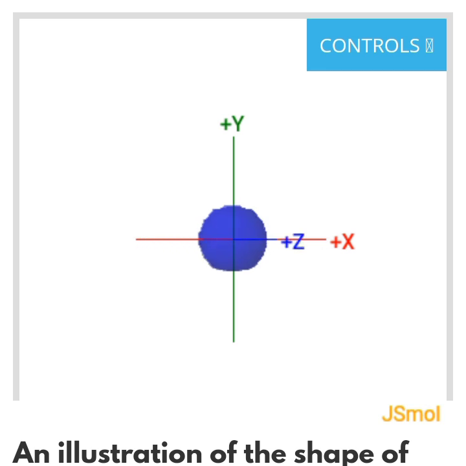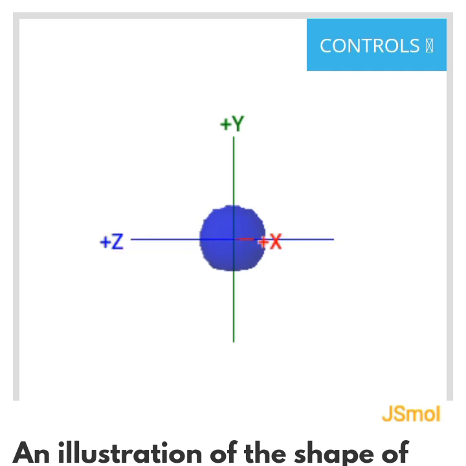So there are different types of orbitals, such as s orbital, p orbital, f orbital and d orbital. The names of the orbitals are given on the basis of the distribution of the electron.